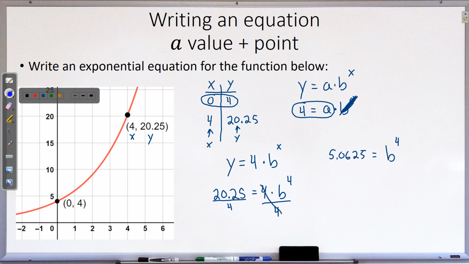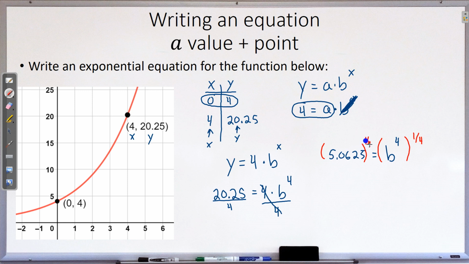Now, one step that we haven't seen in a while, we have to get rid of this 4th power. To get rid of the 4th power, we have to raise this to the 1/4 power, which is also the 4th root. So these two now will cancel each other out. They'll become a 1. And if we do it to one side, we have to do it to the other side.